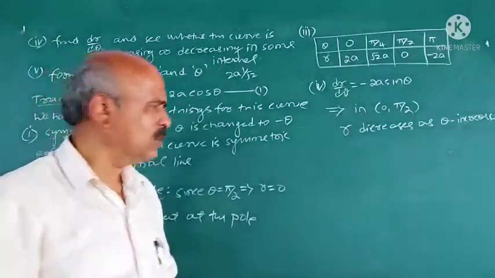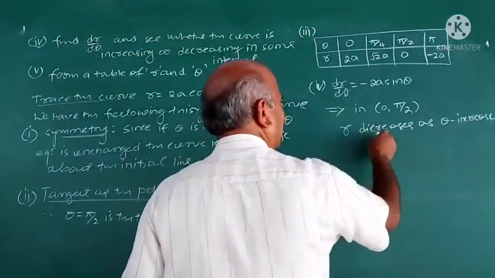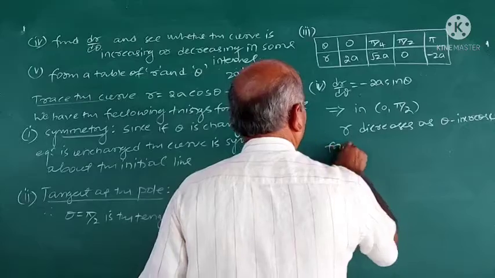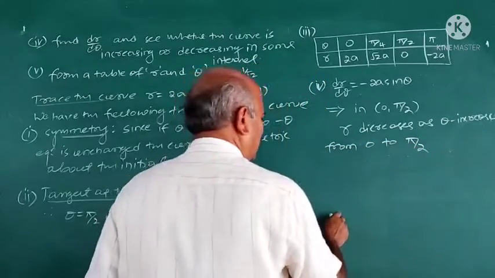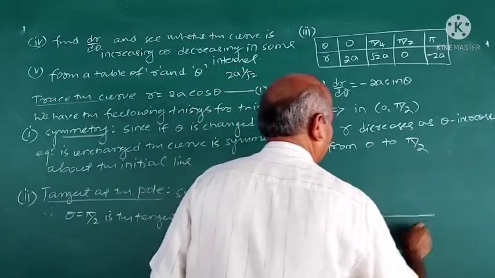R decreases as theta increases from 0 to pi by 2. I think with this we can easily trace the curve.